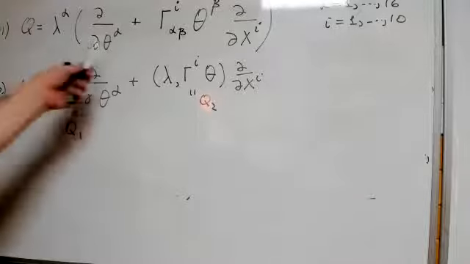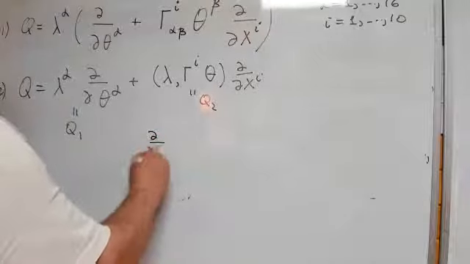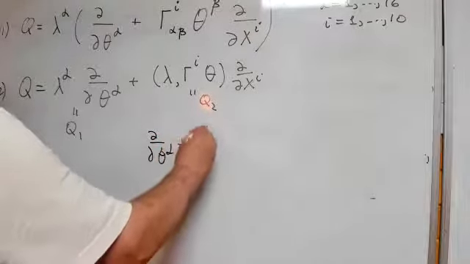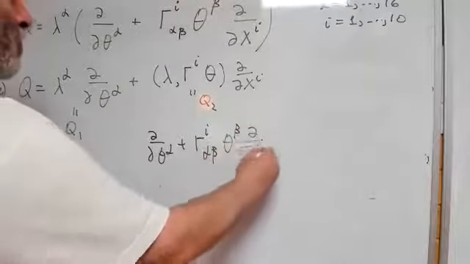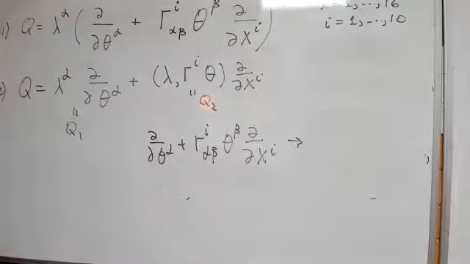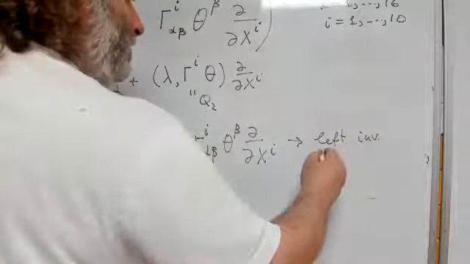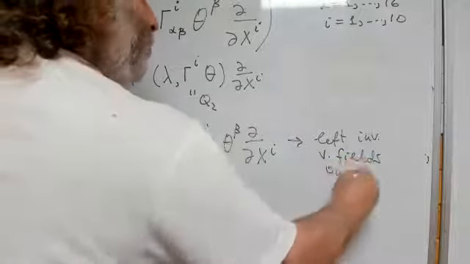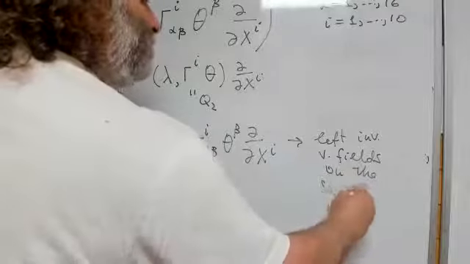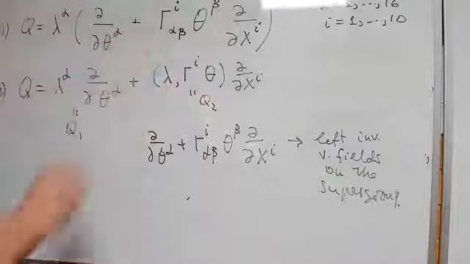Let us consider representation 1. This is the left invariant vector fields on the supergroup. Terms in the bracket.